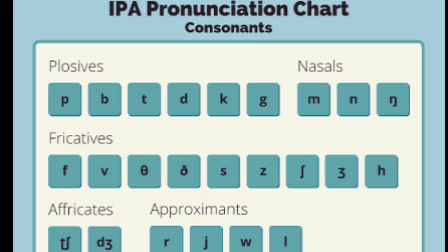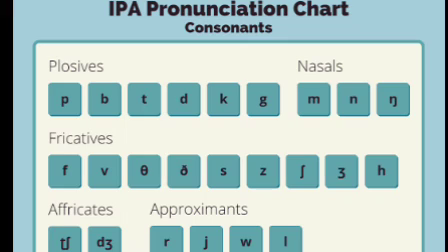In summary, we have three classifications of consonant sounds in English: place of articulation, manner of articulation, and the state of the glottis, where consonant sounds are classified as either voiced or voiceless. So, as you can see on your screen, we have the plosives, consonant sounds b, p, t, d, k, and g.